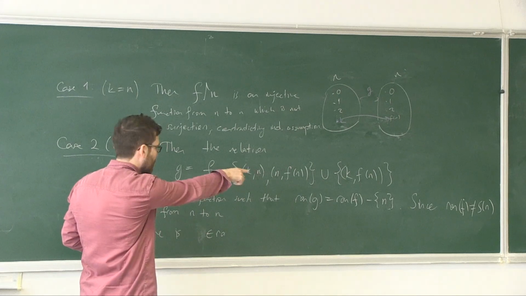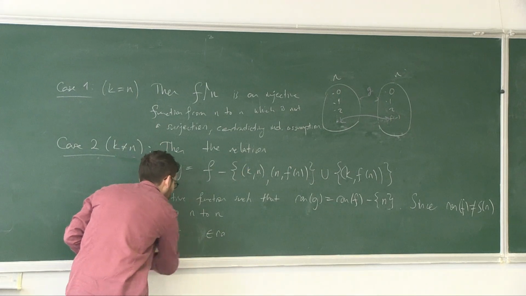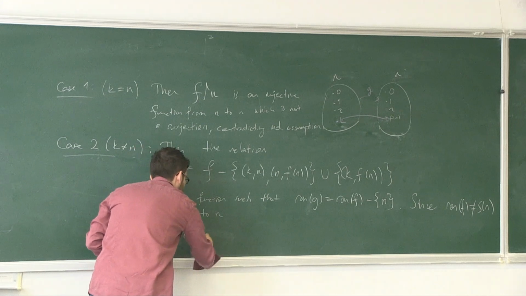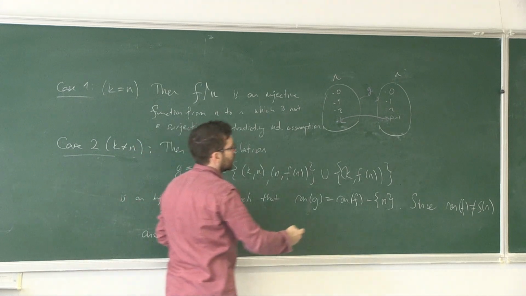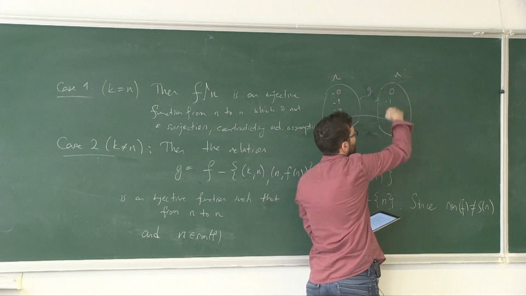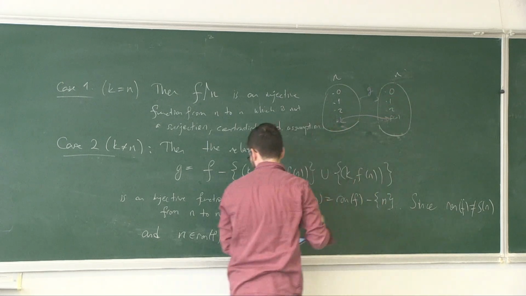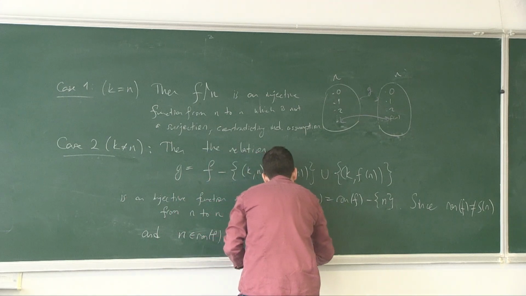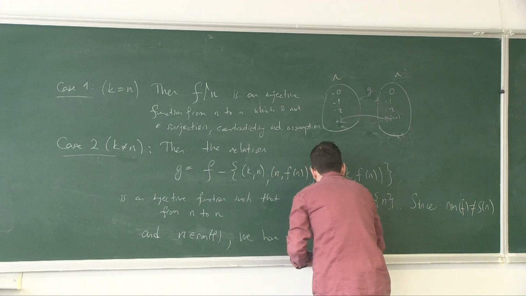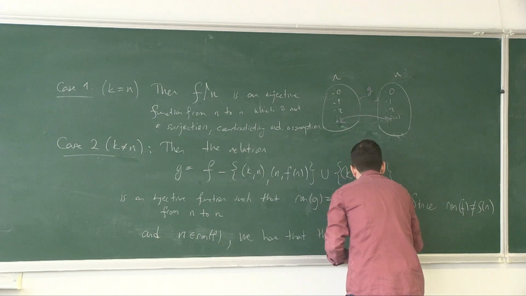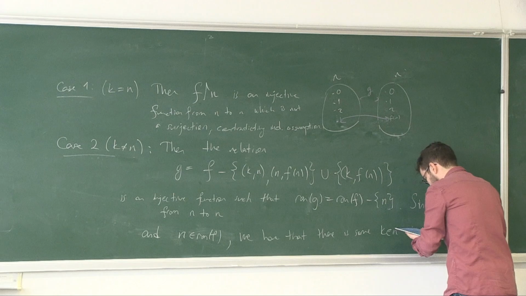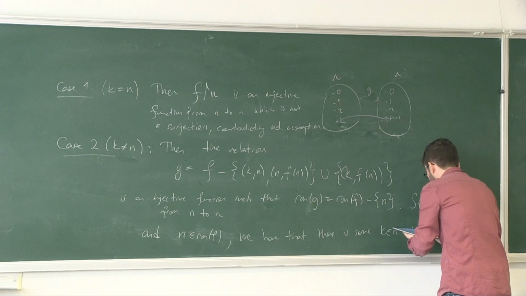Since the range of f is not the whole thing and n is in the range of f, you see before I erased this, n was in the range of f, we have that there is some k in n such that k is not in the range of G.